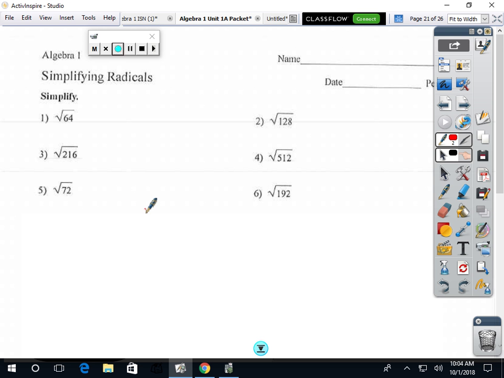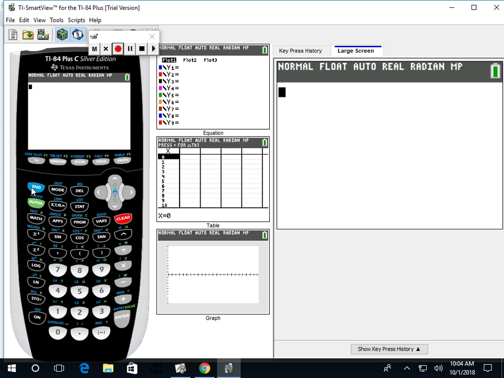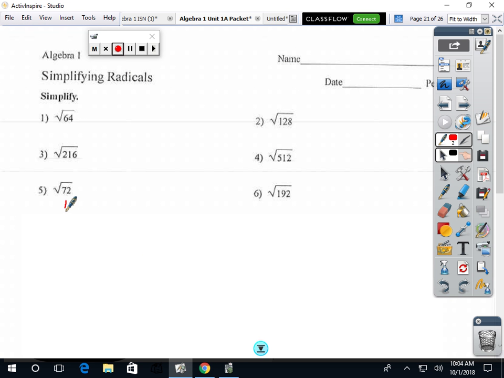Square root of 72. The first thing that we need to do is type in square root of 72. And we see that it's not a perfect square, so we're going to need to factor tree. What are some numbers that multiply to make 72? Right.